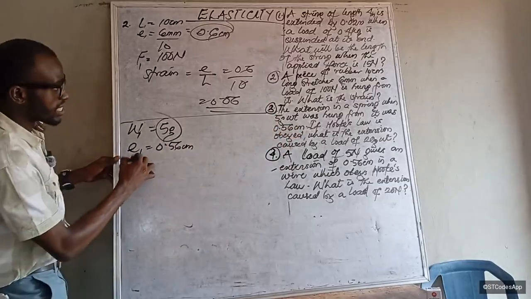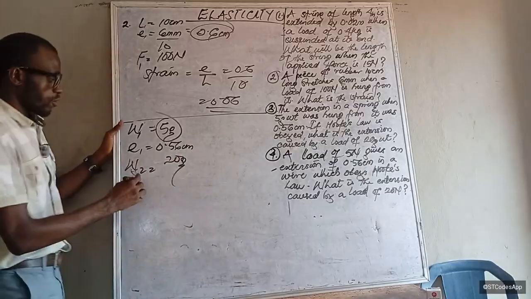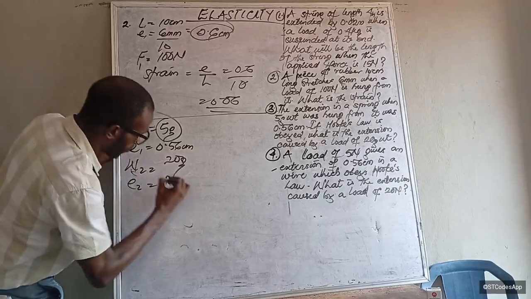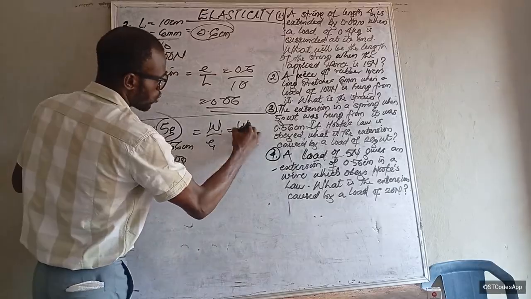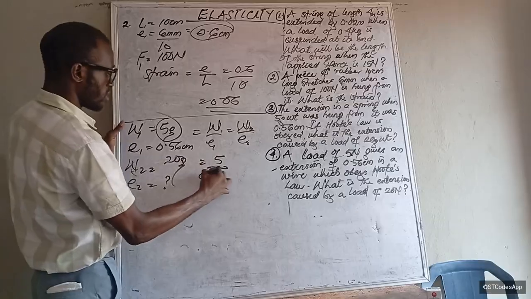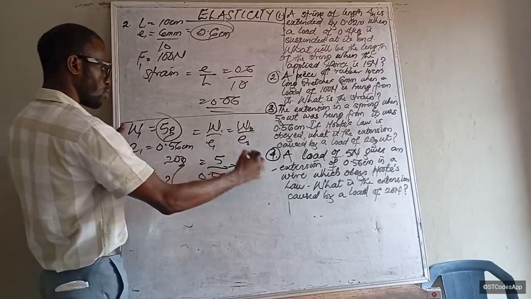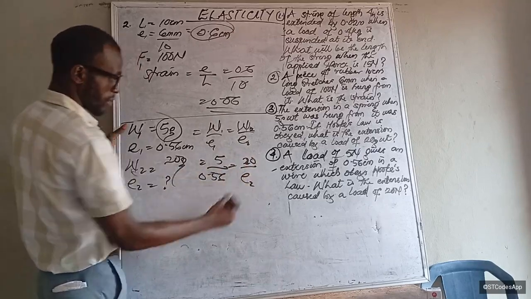Good. So the second weight is 20 grams. So what will be the extension that it will produce? So W1 over E1 equals W2 over E2. So what's W1? 5 over E1, 0.56, is equal to W2, 20 over E2. That's what we're looking for, right?